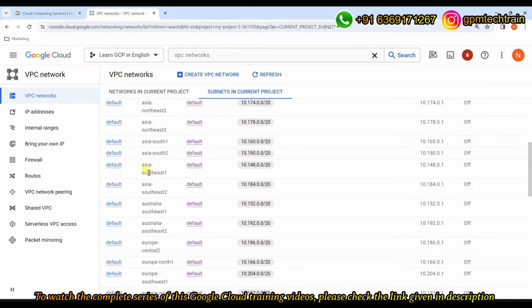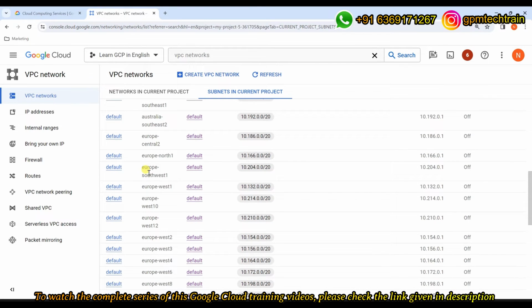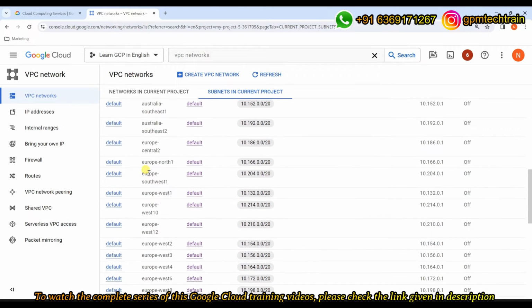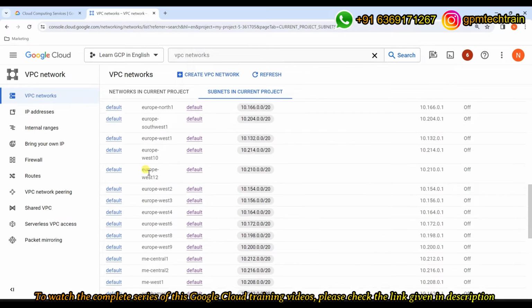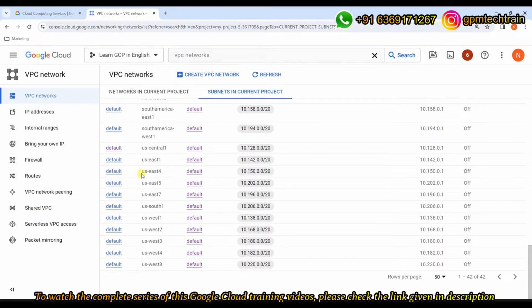Just consider a scenario where I want to deploy my application only in one or two regions, say US East. My customers are very close to the US region, and I would like to deploy my application only in these two regions.